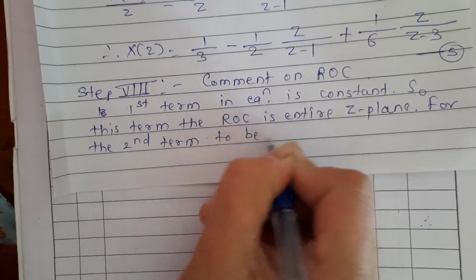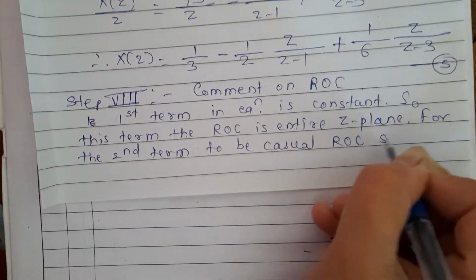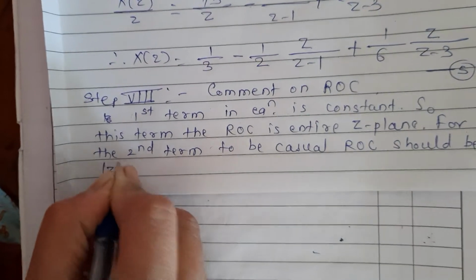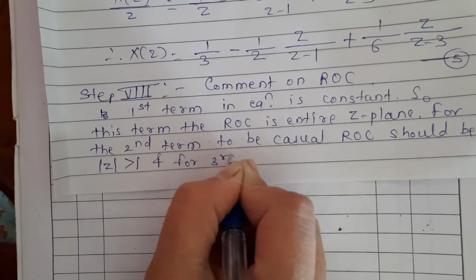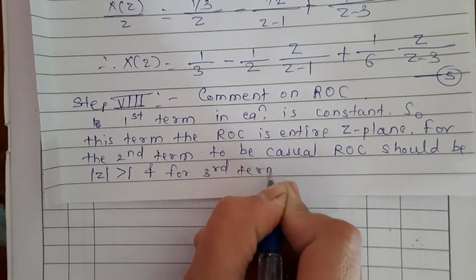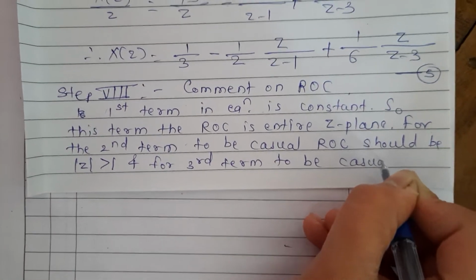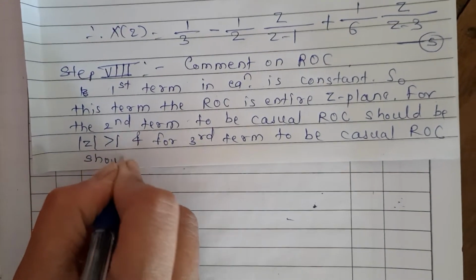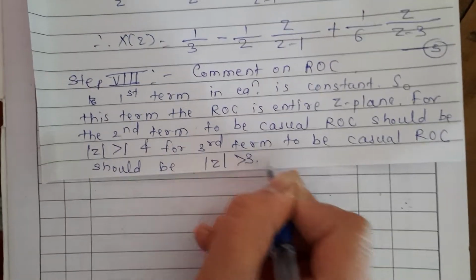For the second term to be causal, ROC should be z greater than 1, and for the third term to be causal, ROC should be z greater than 3.